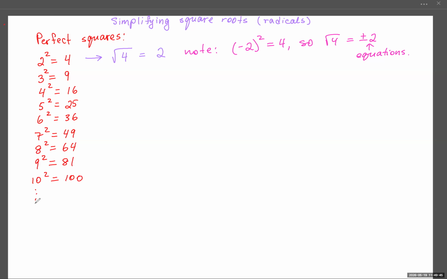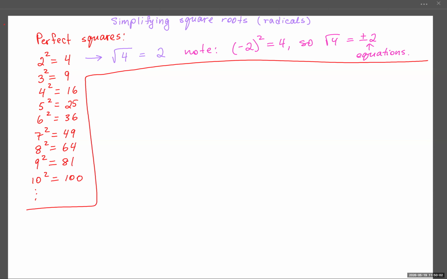Of course, it keeps going, but we're going to stop right here. So just from this, let's go ahead and do a couple of examples of what we are talking about here. So let's keep this on the screen and switch to an example.